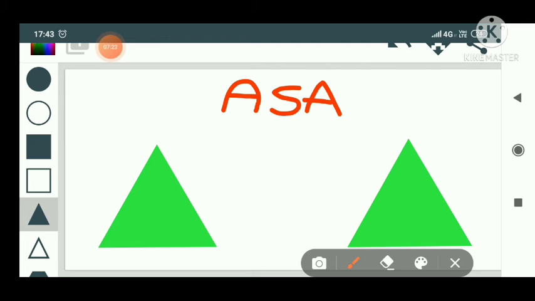So in this case, the side is between two angles. Consider triangle ABC and another triangle PQR.